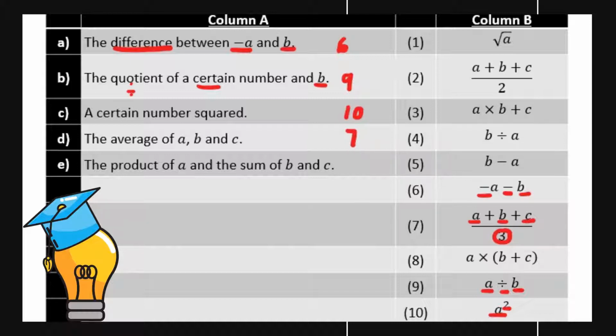The last one, the product, meaning multiplication, of A and the sum of B and C. If we look at number 8, we have the sum of B and C, which is multiplied by A. Therefore, the product of A and the sum of B and C is represented by number 8.